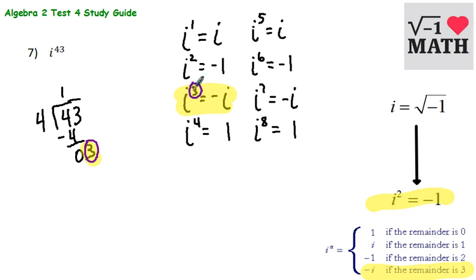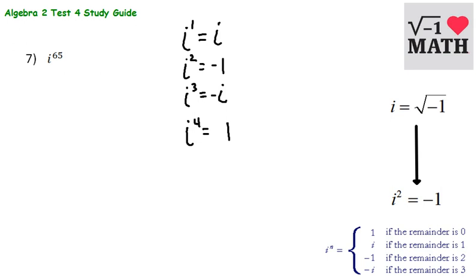Right? All right, so go ahead and pause here and try number 7 in the middle. Okay, well, let's try number 7 in the middle. Again, this pattern repeats every 4. This pattern from i, negative 1, negative i, positive 1 repeats every 4. So we're going to take whatever the exponent is and divide it by 4.